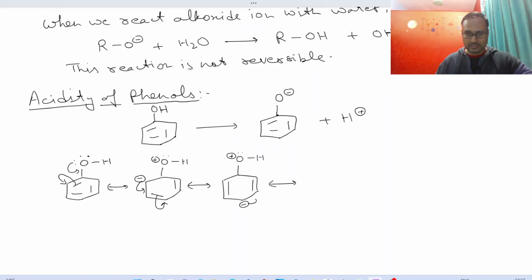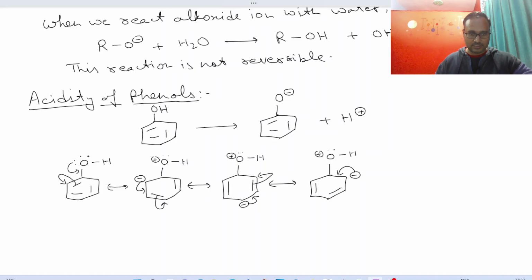In the next structure, this gets inside. It comes at the ortho position. So we can draw the next structure as a double bond over here. Next double bond comes over here. Negative charge comes over here. Single bond with the oxygen, hydrogen, one lone pair and a positive charge. Now this gets inside over here.